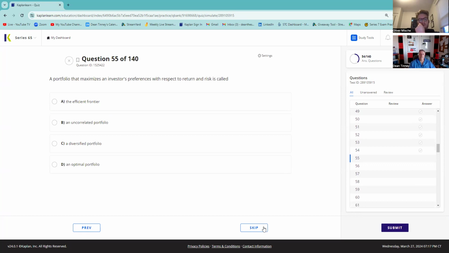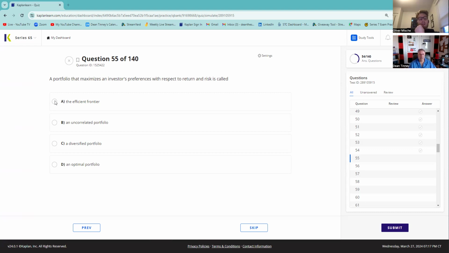The portfolio that maximizes investors' preferences with respect to return and risk is called... C, not B. I think it's A. You missed it.